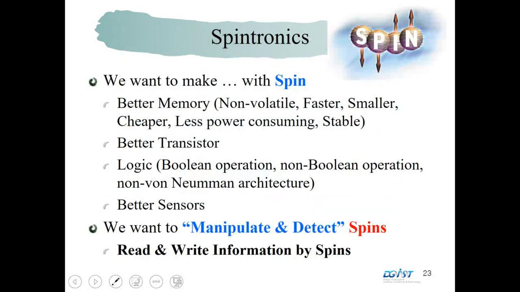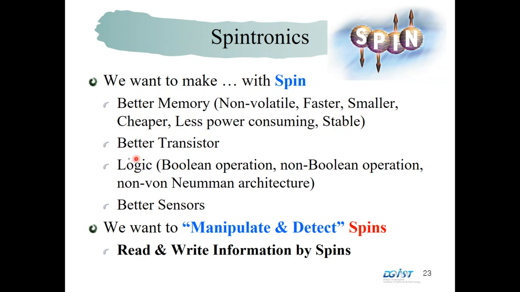Okay, so far I explained modern electronics and some kinds of sensors very briefly. Spintronics means we want to make something with the spins. Here, the something means we want to make better memories, which should be non-volatile, even faster, smaller, cheaper, using less power, and keeping a stable state.